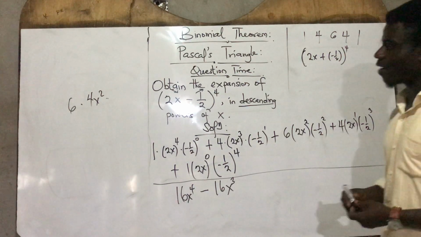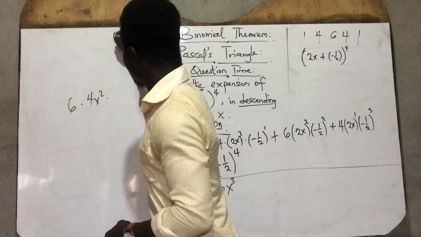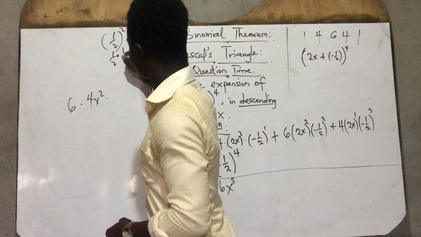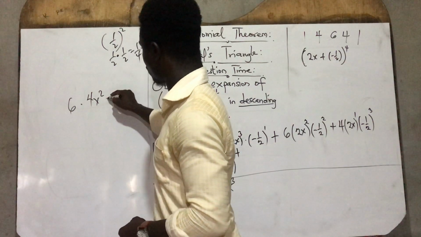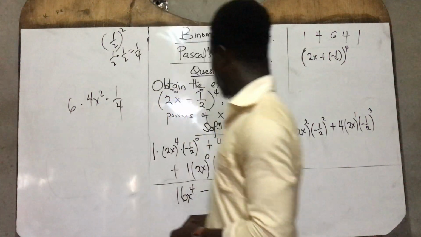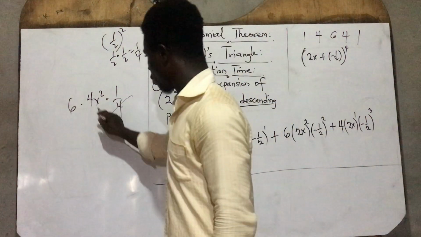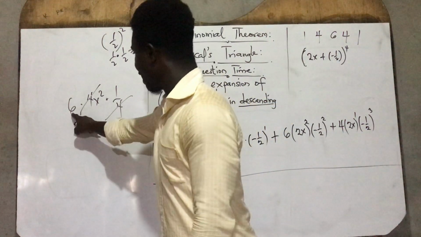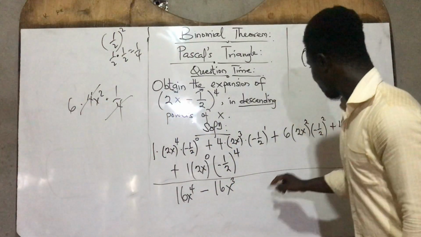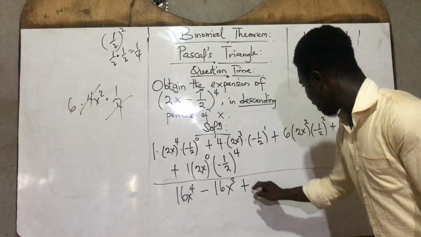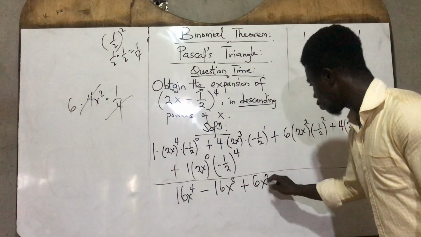So I have half all to the power of 2, sorry. It means half times half, which is 1 on 4. So I have here to be 1 on 4. Do you understand that? So 4 cancels 4. Right. So I have 6 times x squared, which is 6x squared. So I have here to be plus 6x squared.